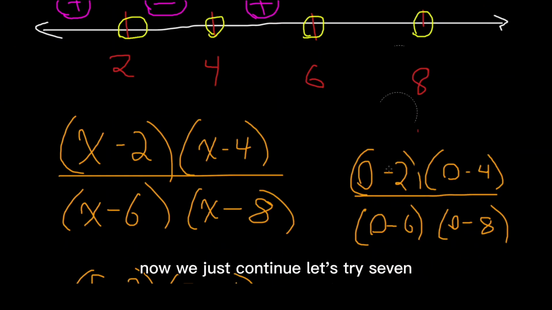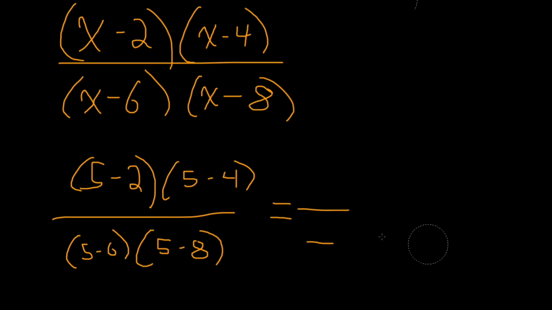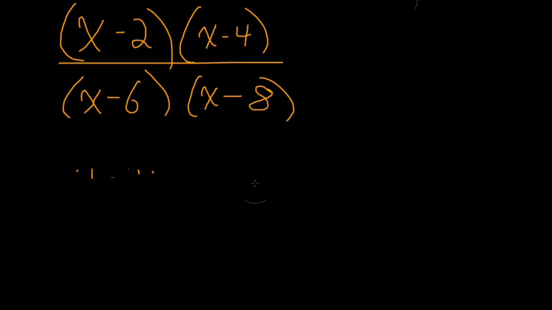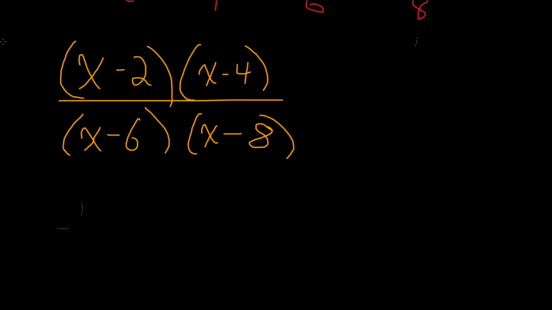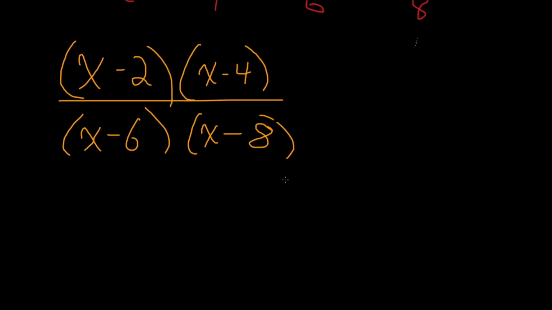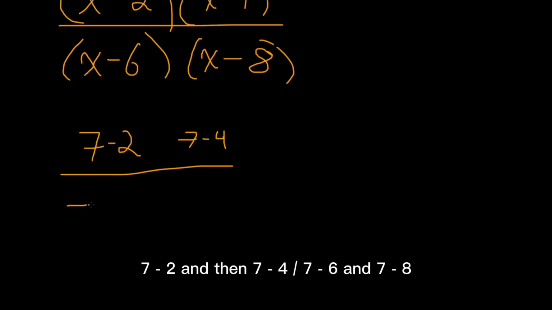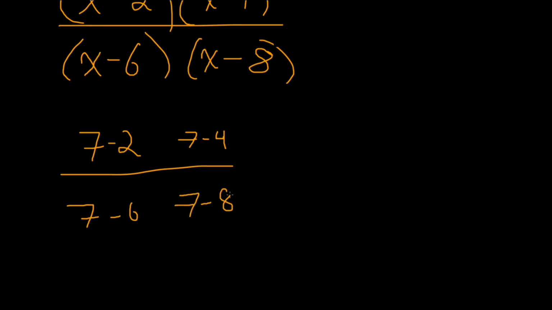Now we just continue. Let's try 7. Seven is in between 6 and 8. So we'll do 7 minus 2, and then 7 minus 4 divided by 7 minus 6, and 7 minus 8.